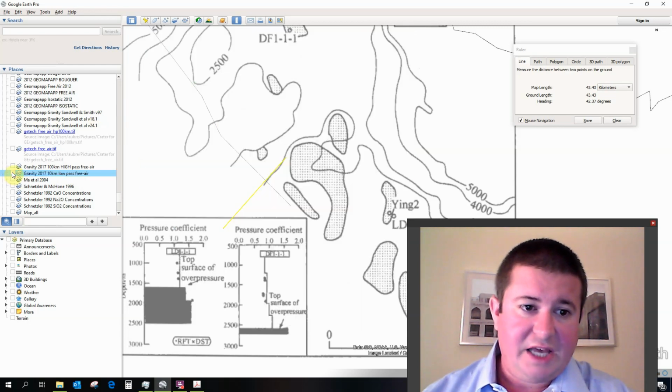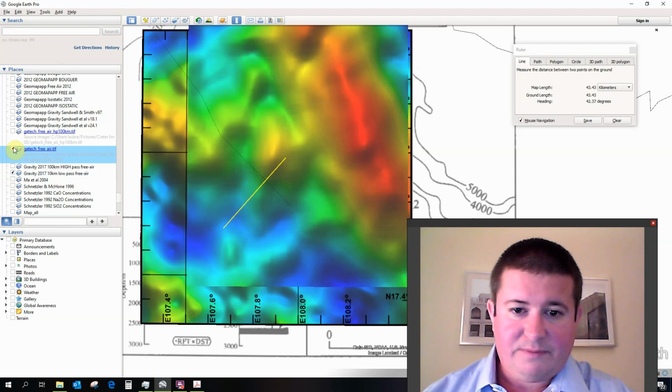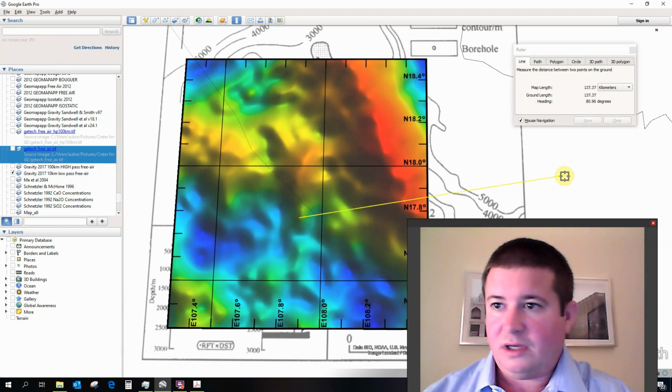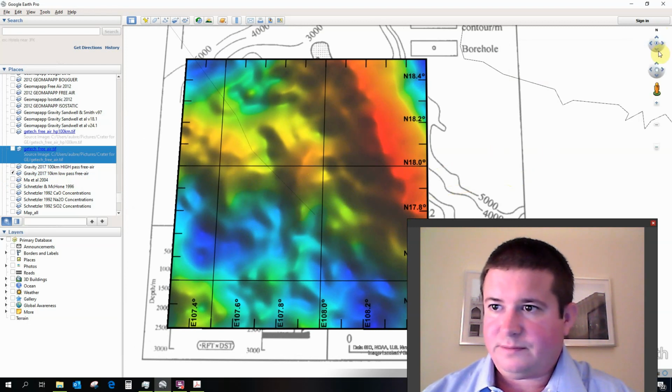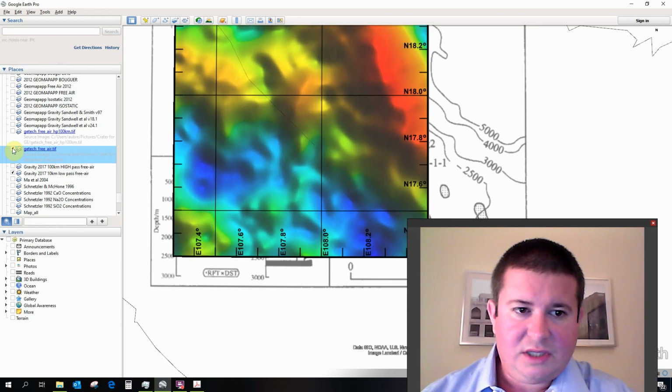Let's overlay this GTEC data, let's keep that there. This is the original one, remember. I don't know why Google Earth does that. Let's get rid of this one. Okay, so let's turn this on.